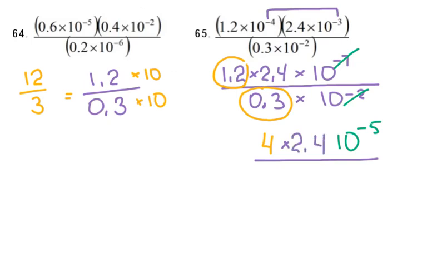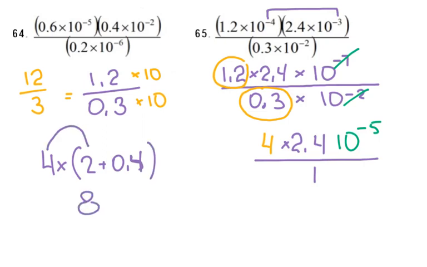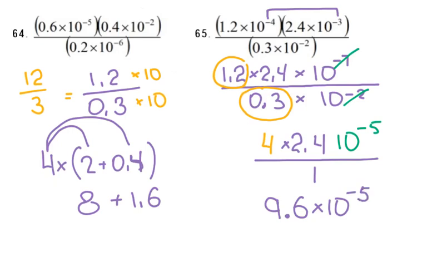There's nothing left at the bottom because I cancelled all my denominator, so that is 1. And 4 times 2.4. So 4 times 2 and 0.4. I do 2 times 4 is 8. And I multiply 0.4 times 4 is 1.6. So my answer is 9.6 × 10^-5.